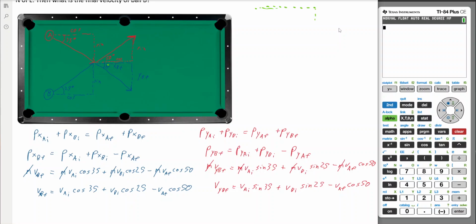In the x direction, that's our VXBF. In the y direction, that's our VYBF. Now we can just use those two values and use SOHCAHTOA to find the c, and use tangent to find the theta.